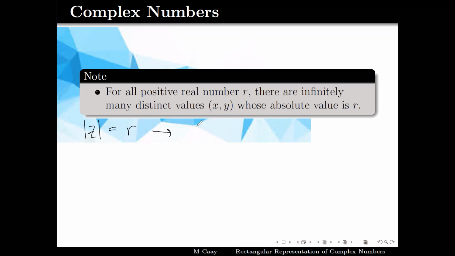That means this is equal to the square root of x squared plus y squared. Either you can have x equal to r and y equal to 0, or you can have y equal to r and x equal to 0, and many other cases. So you can make an infinite number of distinct values of x and y.